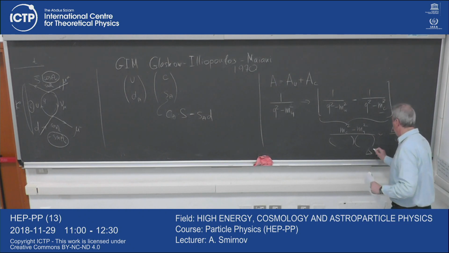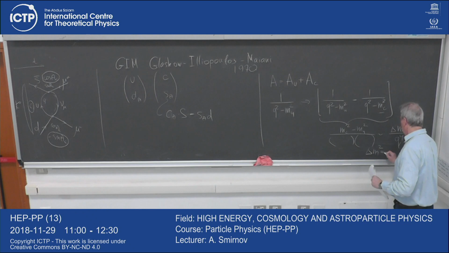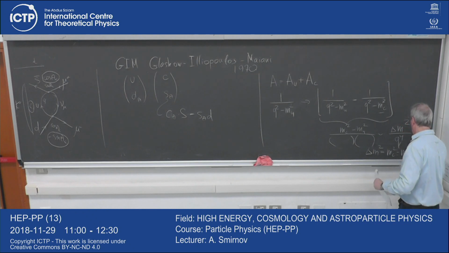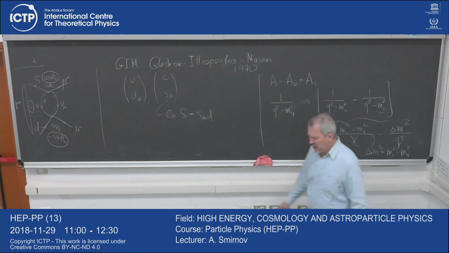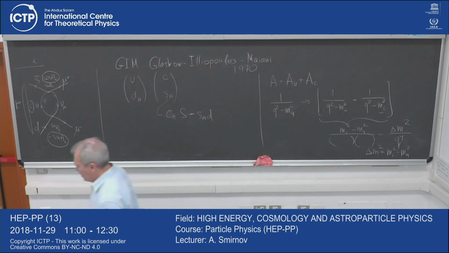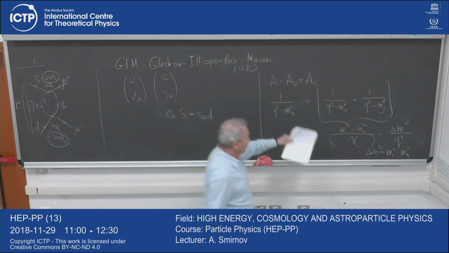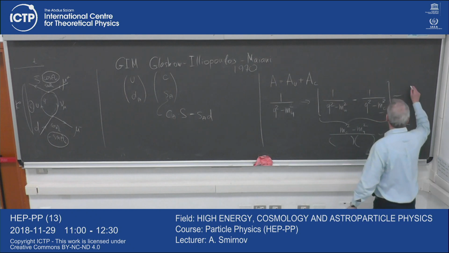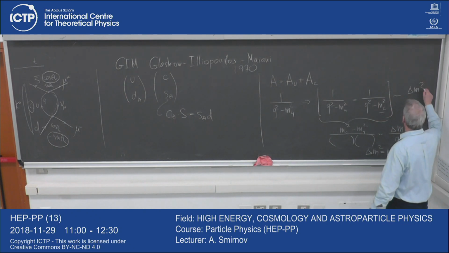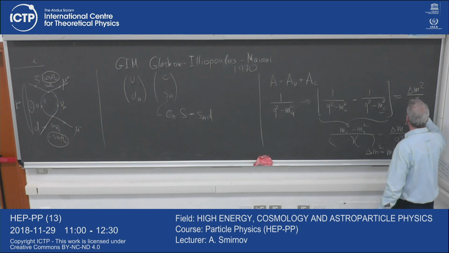And delta m squared is the mass of the charm quark squared minus the mass of the u quark squared. Tell me if it's clear, otherwise I will add some more details. So what is staying here is delta m squared over q to the fourth approximately.